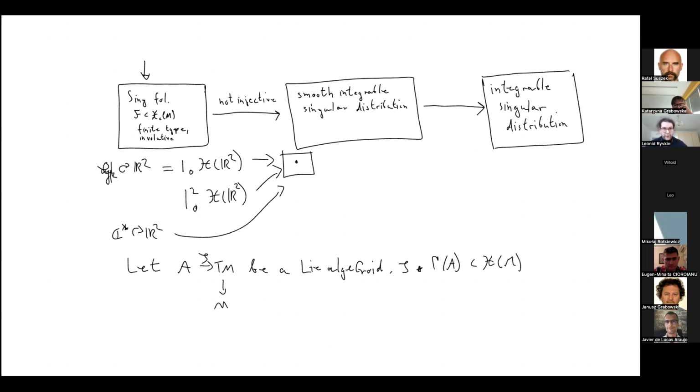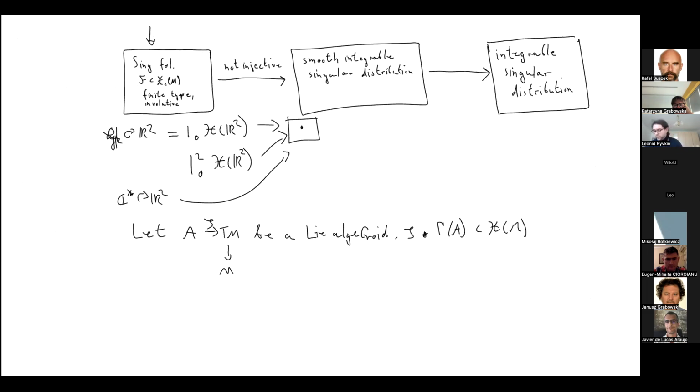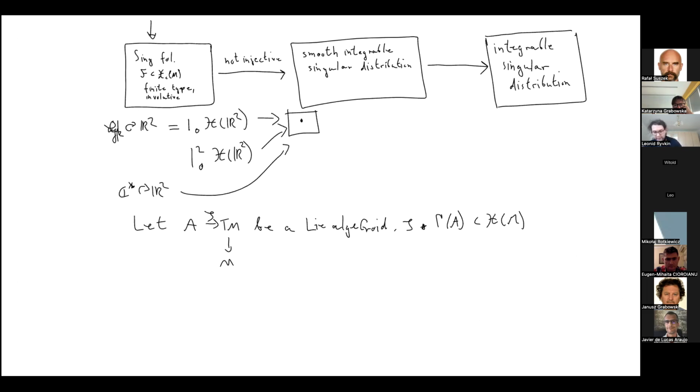I don't know if everybody is familiar and comfortable with Lie algebroids. They will start playing a role a little later, so maybe I say the definition. A Lie algebroid is a vector bundle with a linear map into the tangent bundle, fiber-wise linear. And we want gamma of A to have a Lie bracket which is compatible with the anchor and which derives functions.